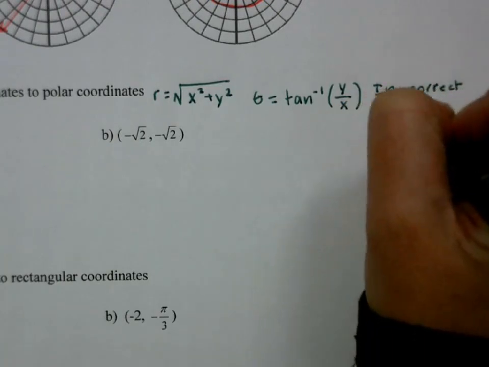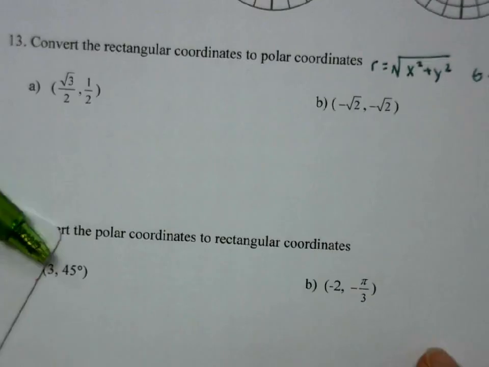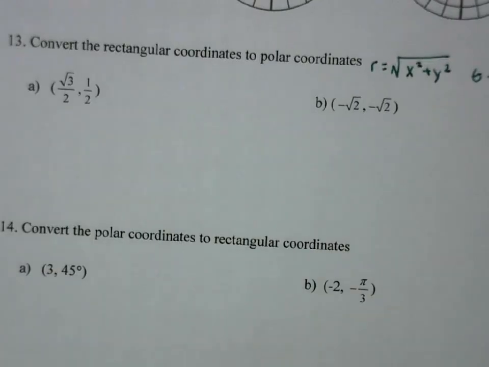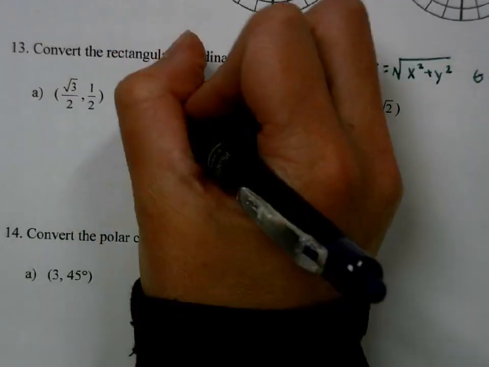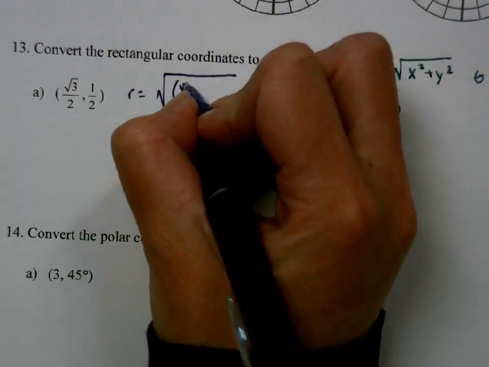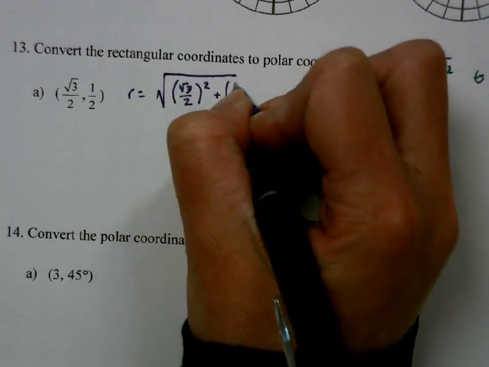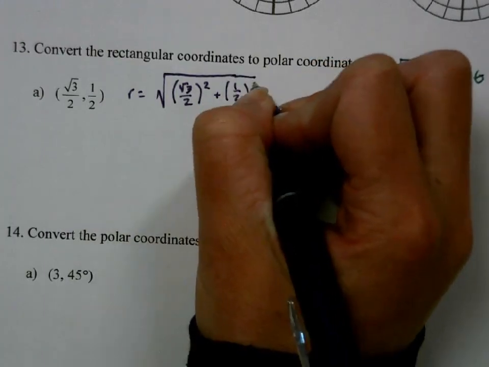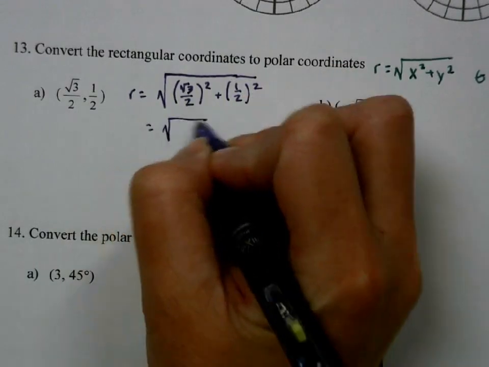So first, our r is going to be the square root of root 3 over 2 squared plus 1/2 squared. That's going to be the square root of 3/4 plus 1/4, which is 4/4, which is 1. Square root of 1 is, of course, 1.